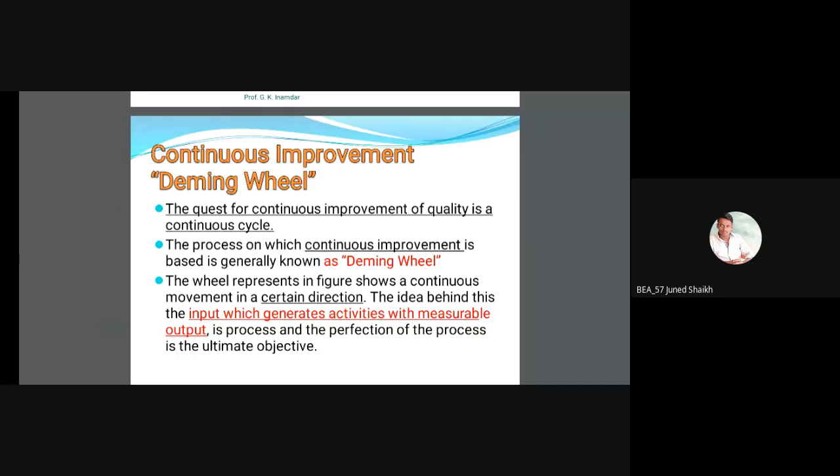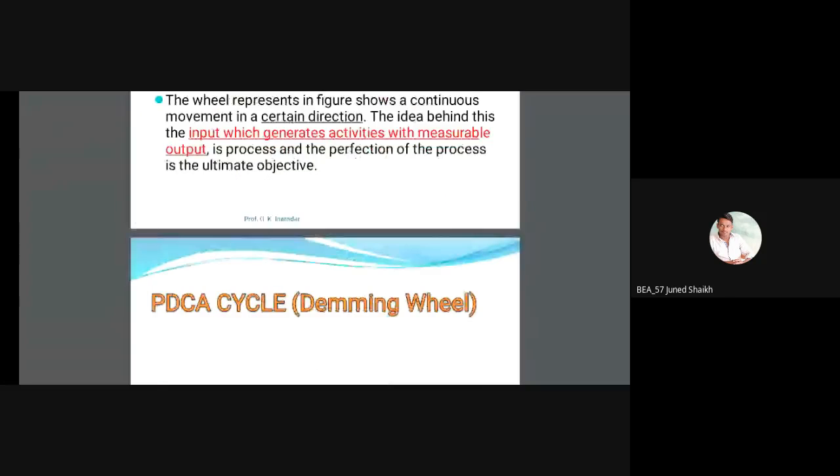Each process and the perfection of the process is the ultimate objective. Now plan, do, study, act. Planning is nothing but planning, then implement whatever you have planned, study that, and act on that particular product or service. So this is nothing but the PDCA cycle, or we can say the Deming wheel. We will discuss this point in the next lecture.